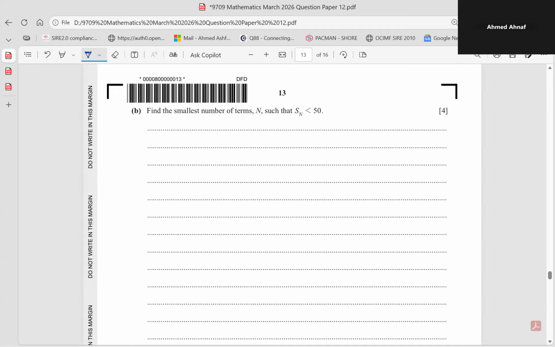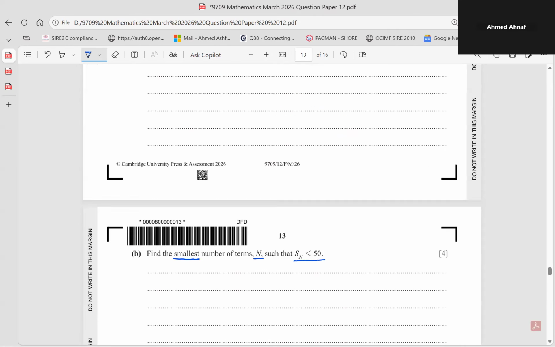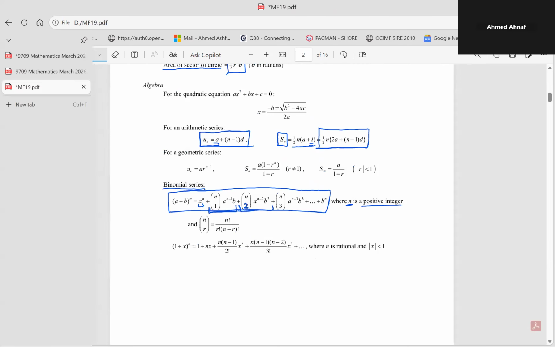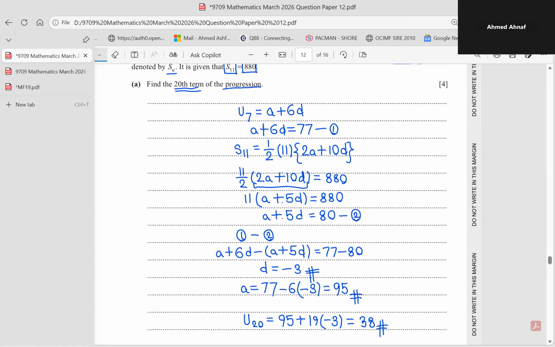Okay, so for this question, we're told to find the smallest number of terms n such that the sum of the first n terms is less than 50. So for this, we're going to use this formula here in our MF19, this one again. So half n {2a plus (n minus 1) d}.